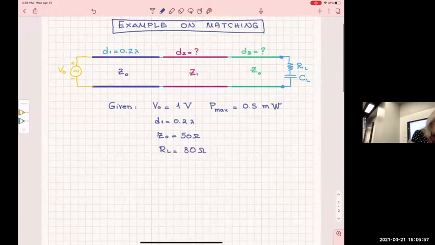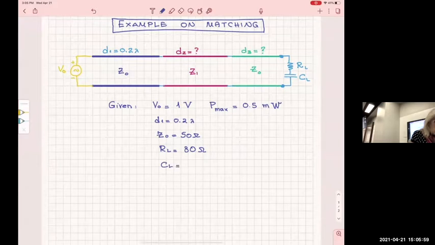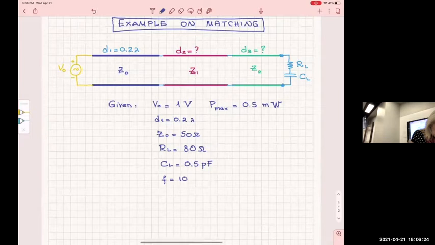And they give you that CL is, let's say, about 0.5 picofarads. All right. And then they tell you that I have a frequency F, which is 10 gigahertz.